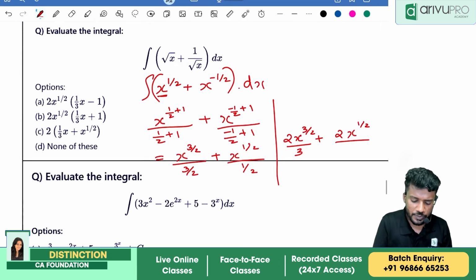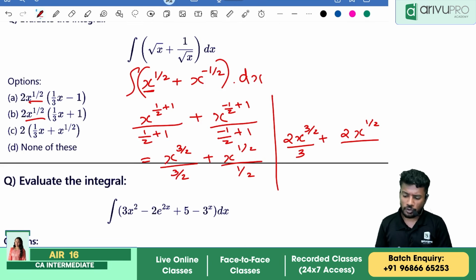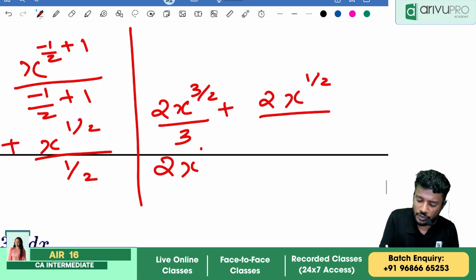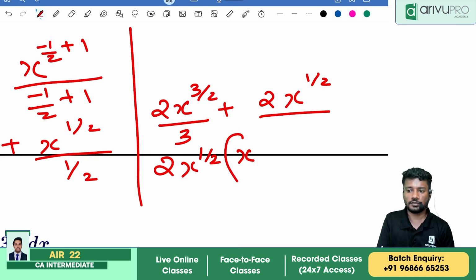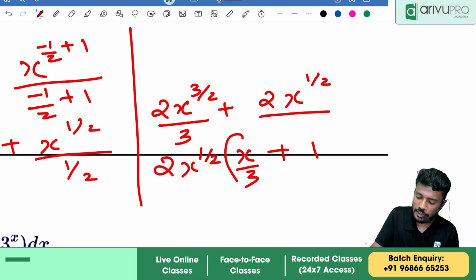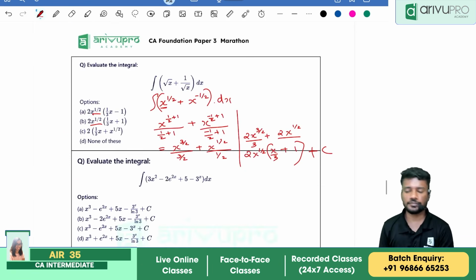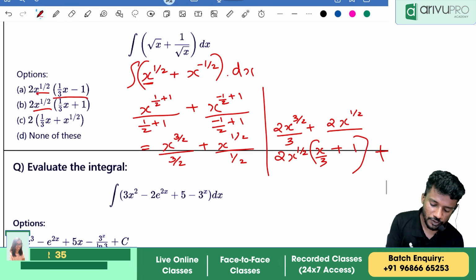Now look at the options. x raised to 1 by 2 is also common. If I take 2 into x raised to 1 by 2 common from the first term, what is remaining there? x raised to 1 is remaining. Plus, what is remaining in this? x by 3. Plus c. Which is the answer, option A or B? B is your answer.